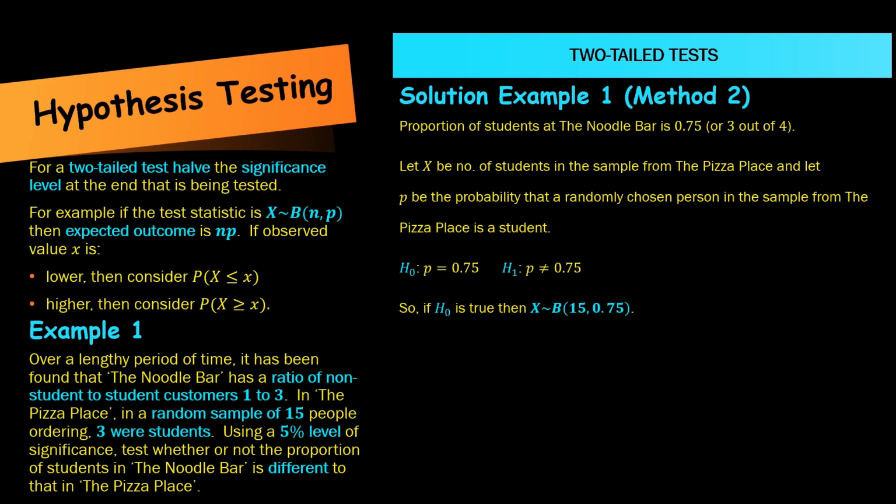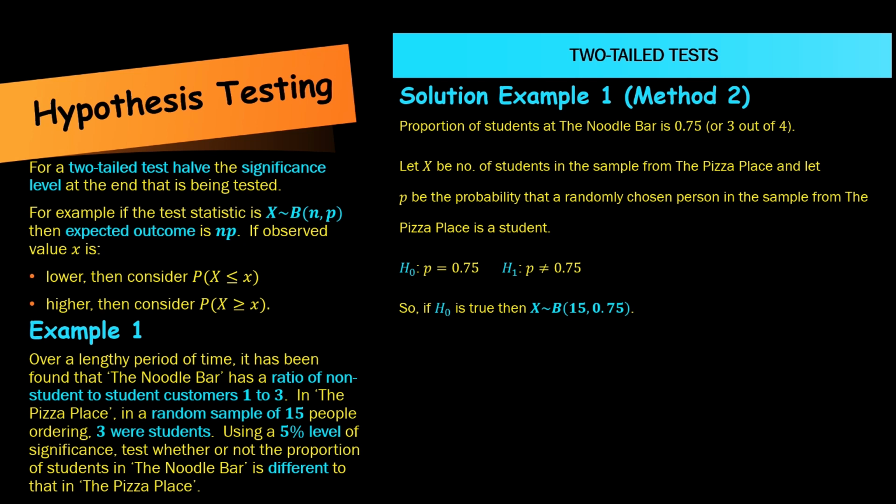We are going to find the critical regions by finding the two critical values, as this is a two-tailed test. If our test statistic lies in the critical region, then we reject H0 in favour of H1, otherwise we do not reject it.